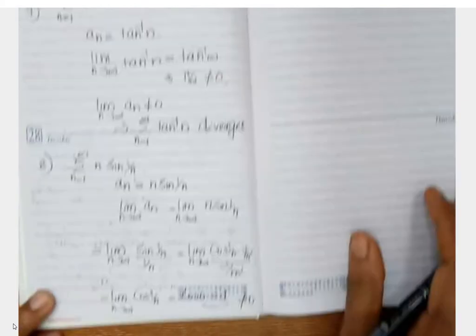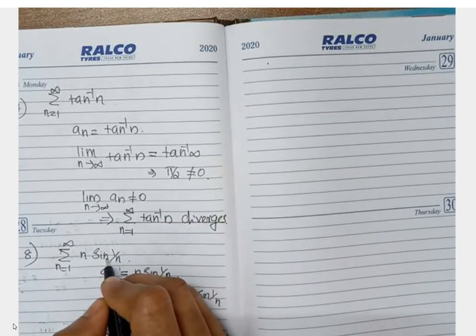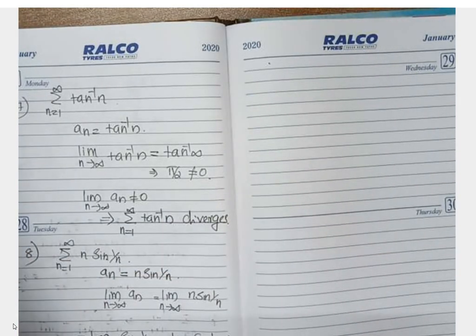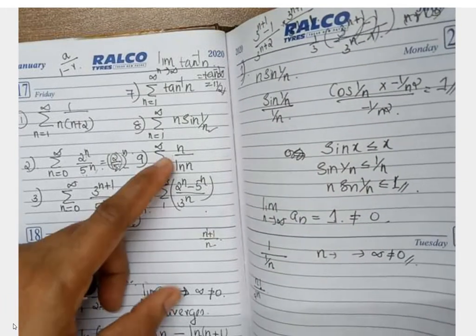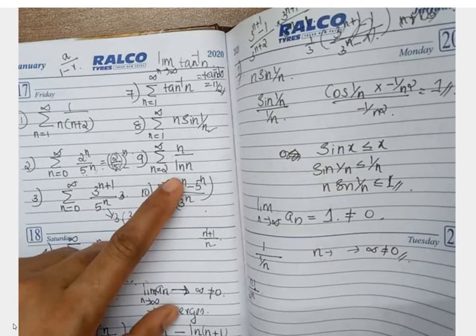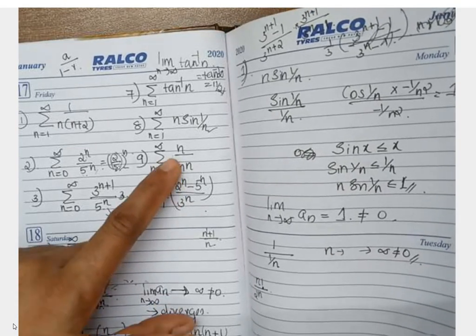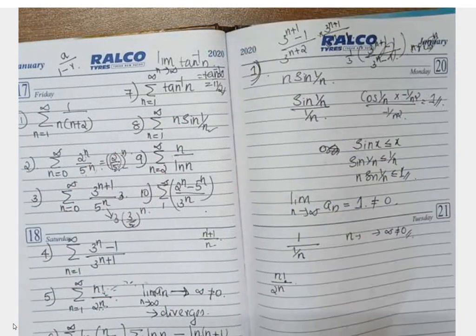So we can easily say that the summation diverges. What about the next one? N divided by log n. Again take the limit, as in the case of these problems, limit an.